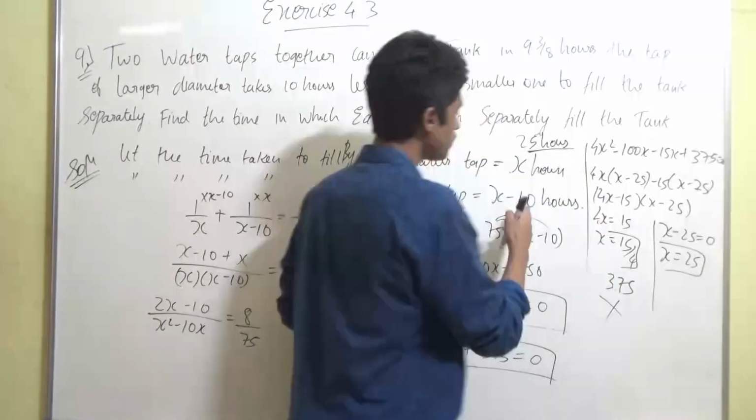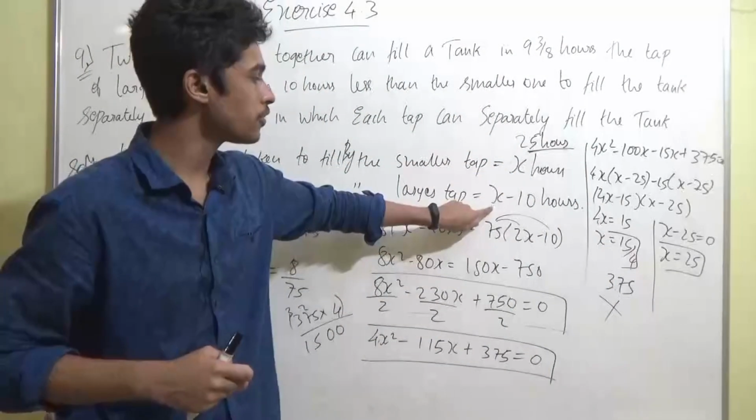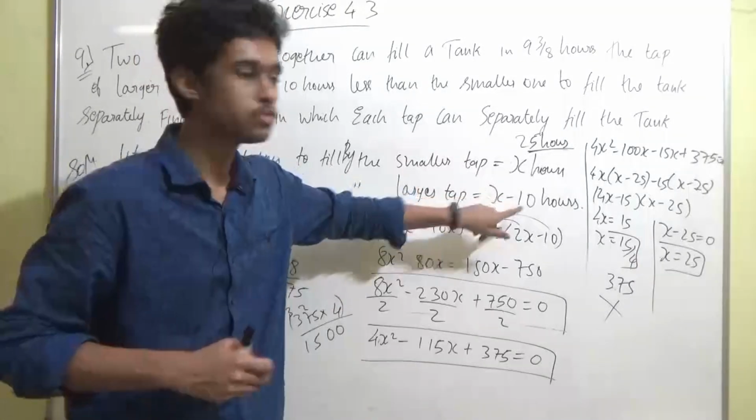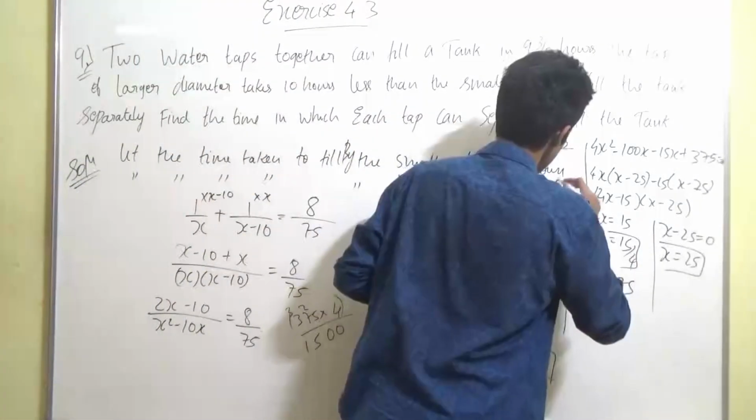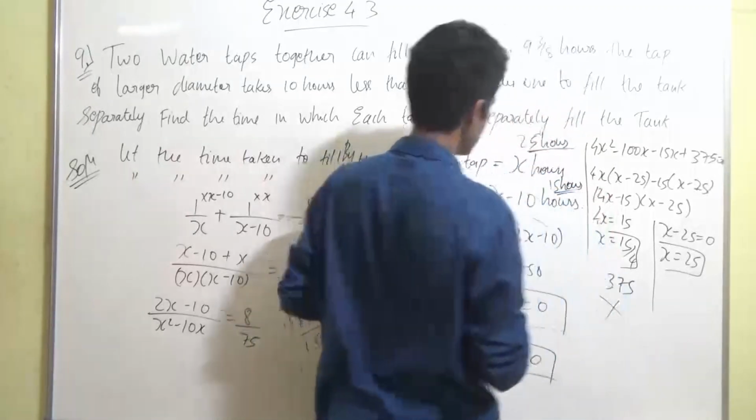Getting it guys? And with the larger it's going to take, in place of x you put 25, 25 minus 10, that is 15 hours. These are the final solutions guys.